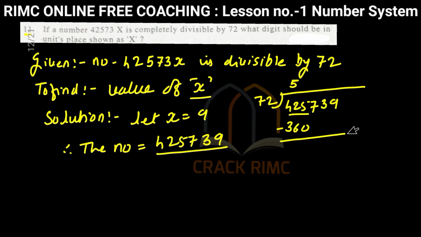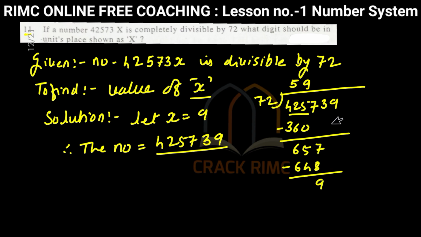If I subtract this, 423 minus 360, the answer will be 63. I will take this 7 down, so it will become 637. For 637, I will multiply 9. It will come as 648.